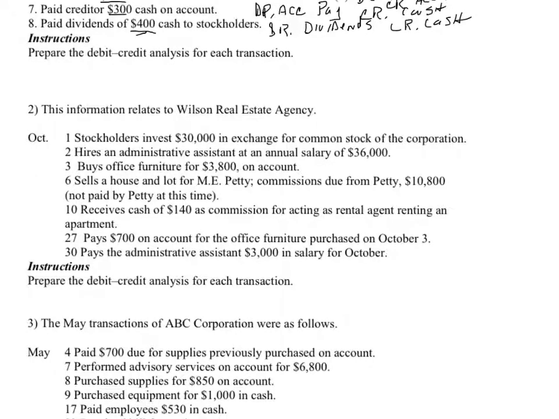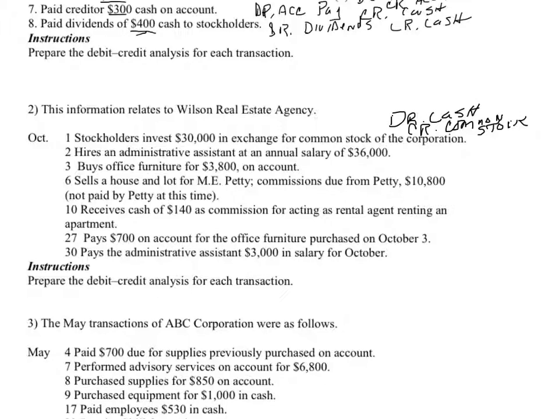Okay, Wilson Real Estate. October 1st, we've seen this entry before, or this transaction. Stockholders invested $30,000 in the company. So the company has the cash, so it's debit cash $30,000, and credit common stock, common shares.